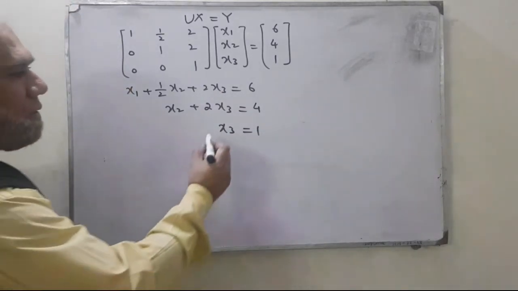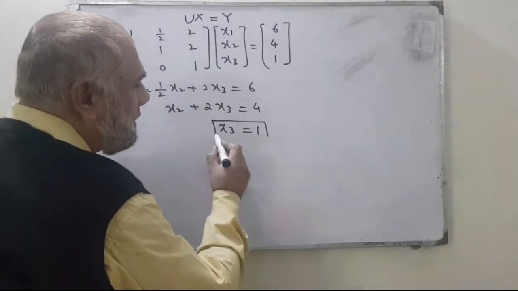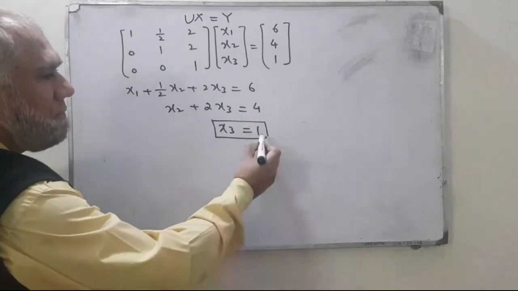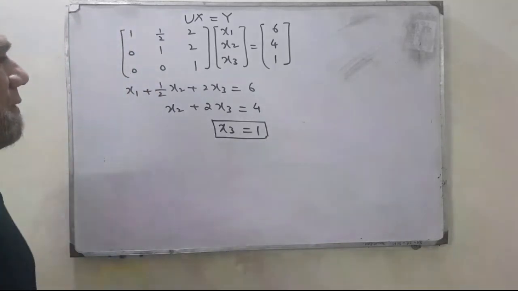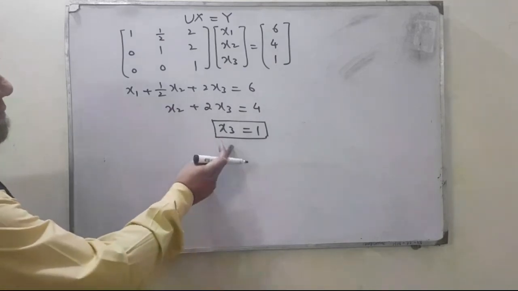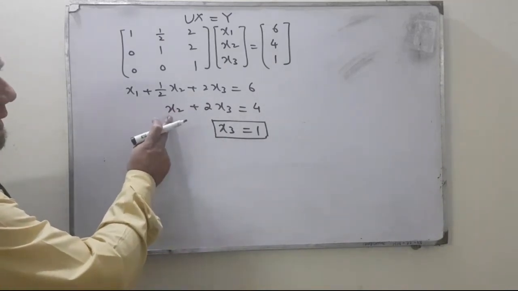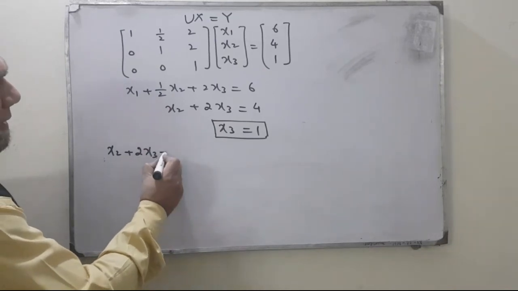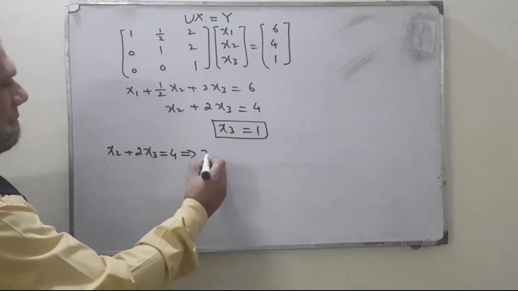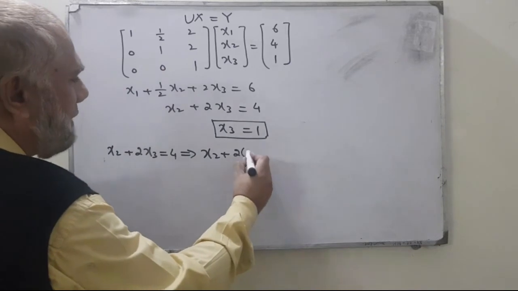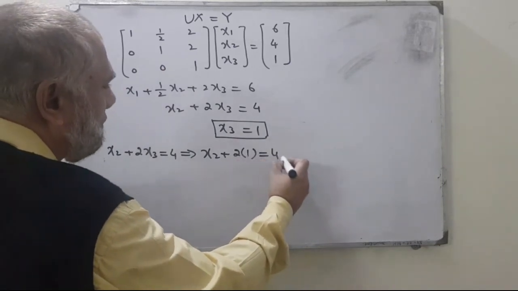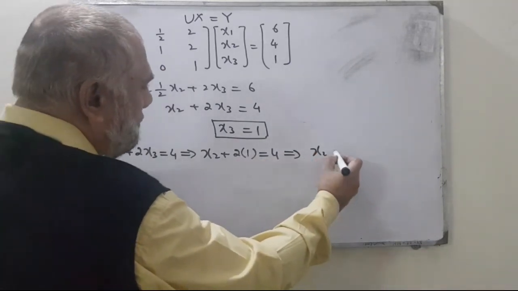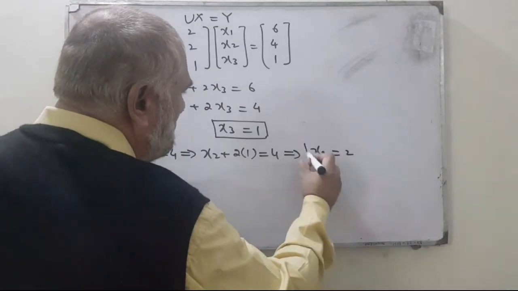So from the last equation we got the first required unknown. This is your first solution for x3. We have to substitute back into the second equation to obtain x2. So x2 plus 2x3 is equal to 4 gives you x2 plus 2 times 1 is equal to 4. So we get x2 is equal to 2.